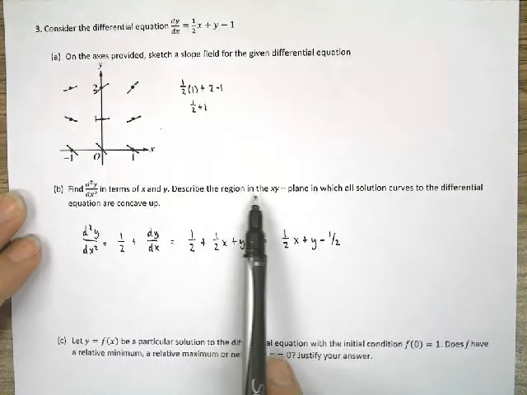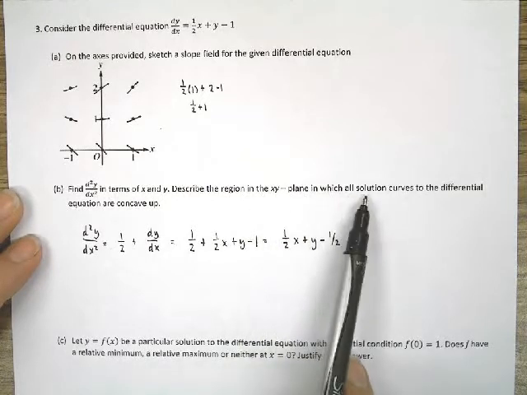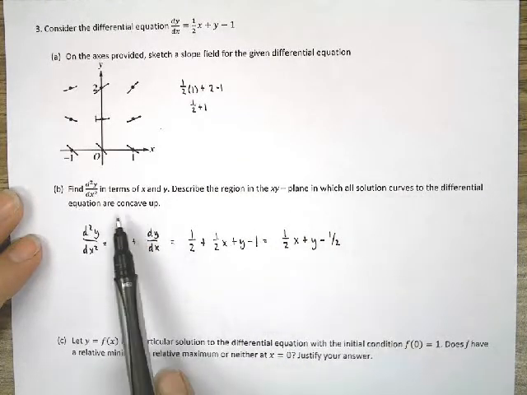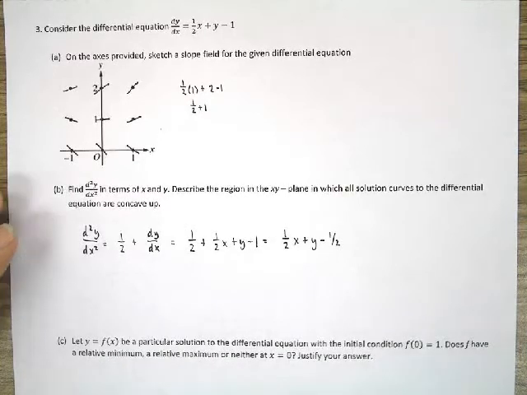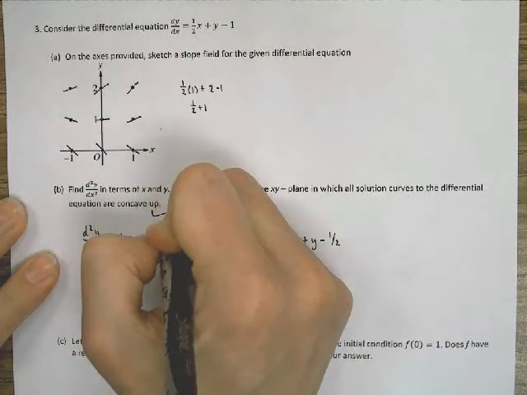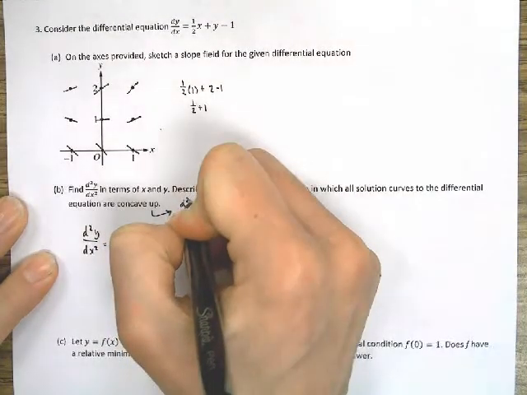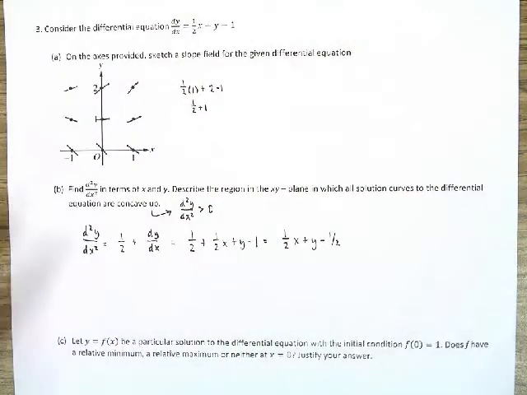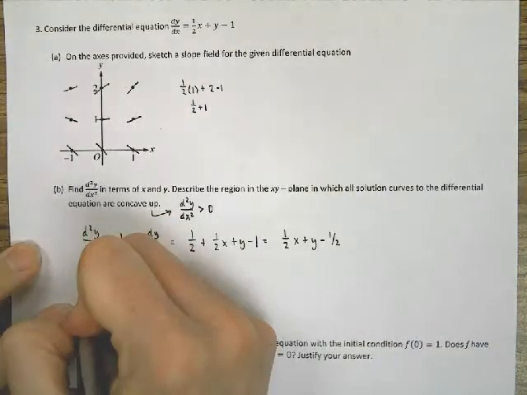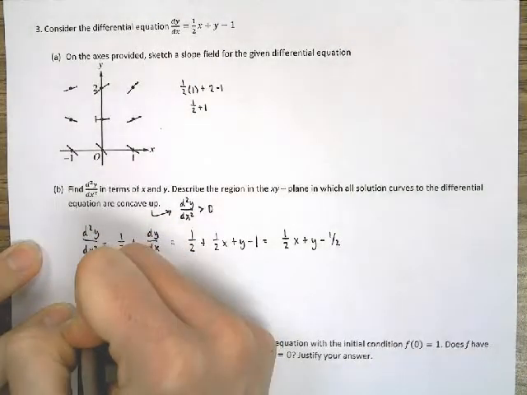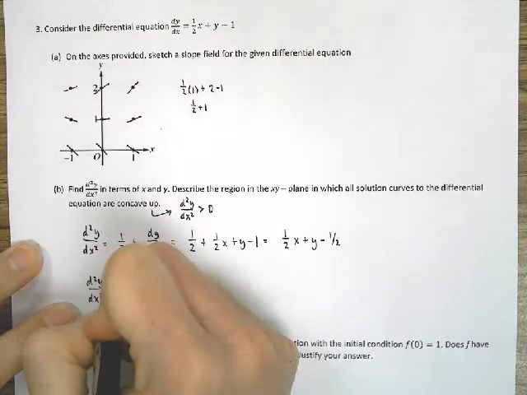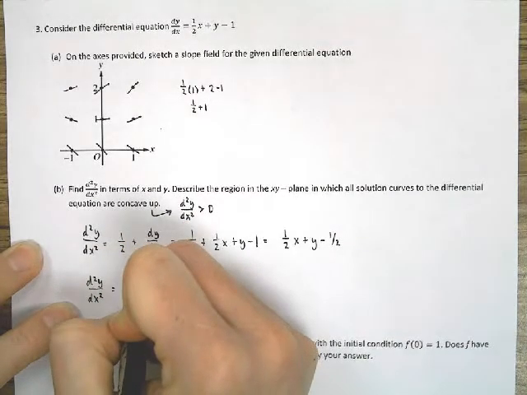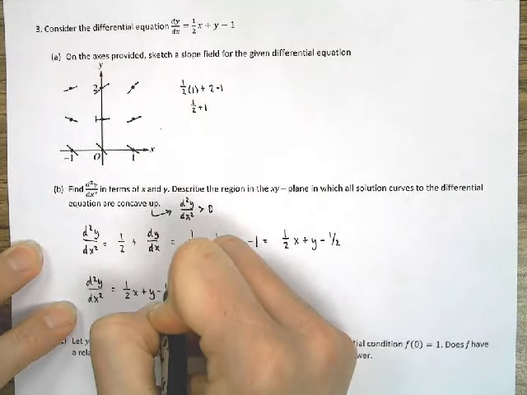Now, it asks me to describe the region in the xy plane in which all solution curves to the differential equation are concave up. Now, here we have to think back to what we know about concavity. I know I'm concave up when my second derivative is greater than 0. So let's see what that means for us here. I know that my second derivative is equal to 1/2 x plus y minus 1/2.